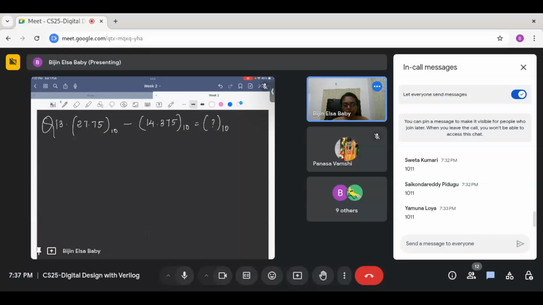Tell me the binary representation of 27.75. Binary representation of 27.75.